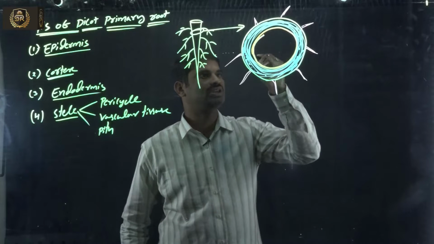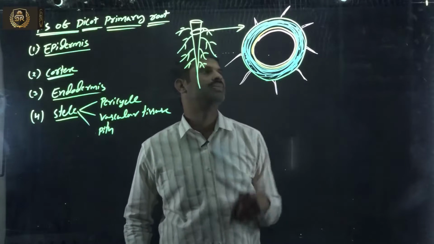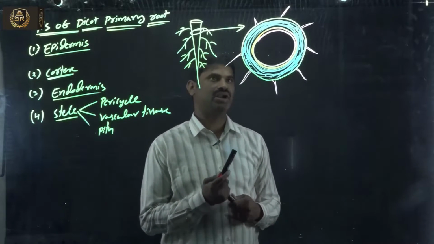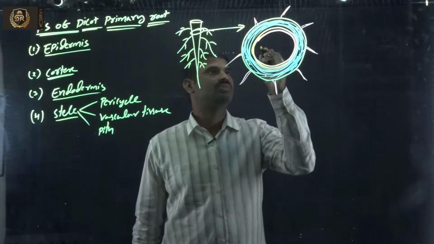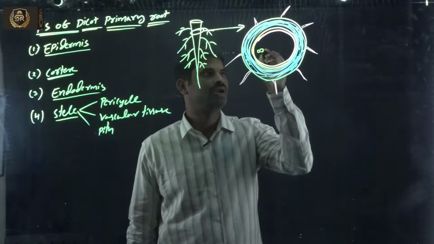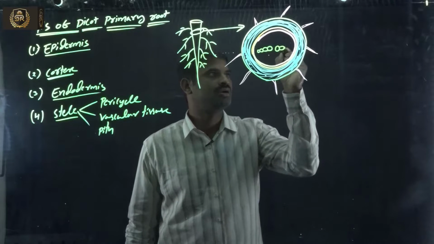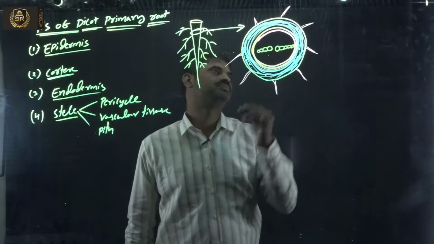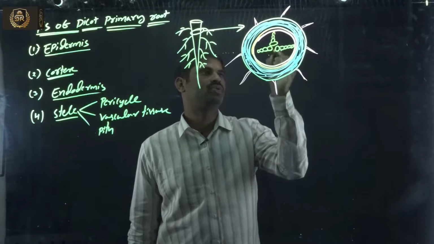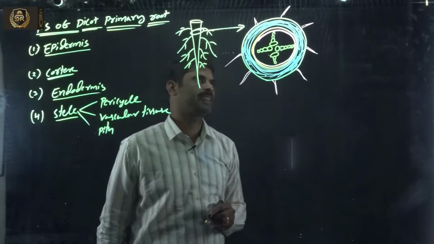This area is called pericycle. Next one, vascular bundles. In the vascular bundle region, this is protoxylem. This part is called metaxylem. Metaxylem is the inner one, and the outer one is called protoxylem.